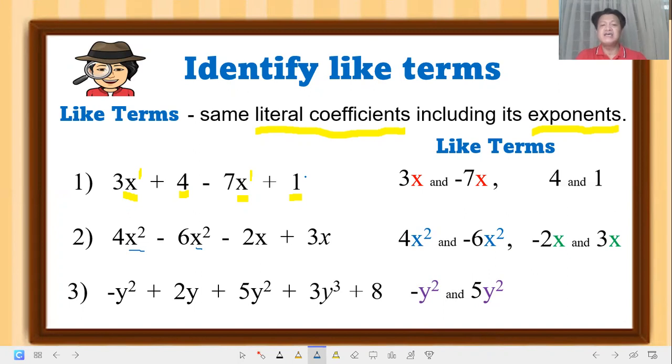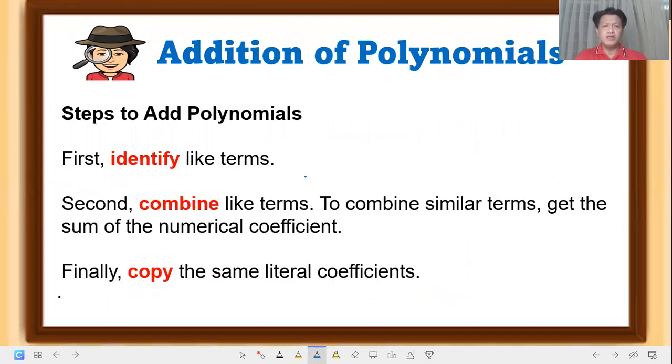So hindi pwedeng sabihin like terms kapag magkaiba yung kanilang exponent. So kailangan para masabing like terms, masatisfy niya yung definition na pares dapat ang literal coefficient at the same time exponent. So meaning to say kapag wala pong like terms, nandyan lamang siya. Maiiwan siya dyan. Okay, so with that, let's proceed now to addition of polynomials.